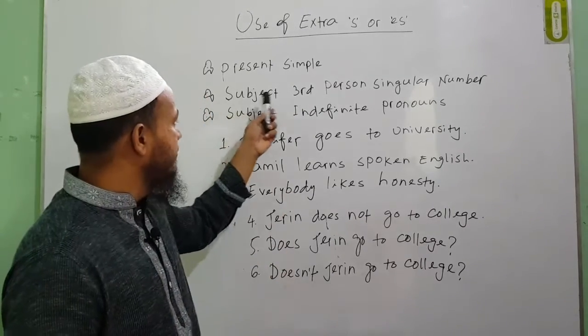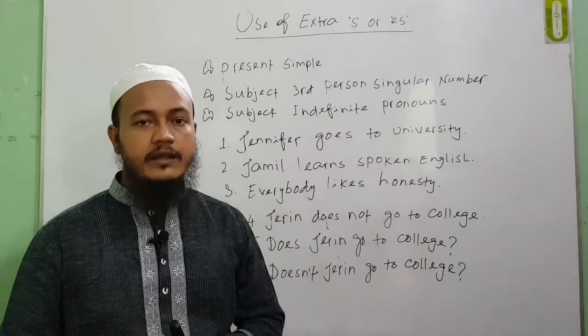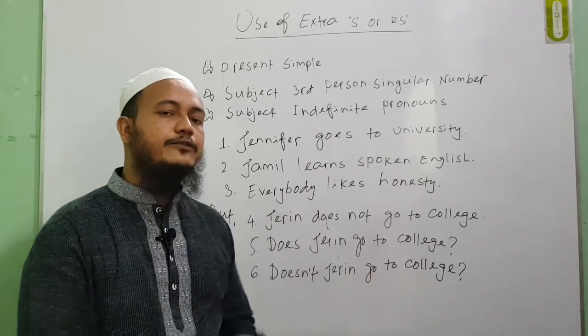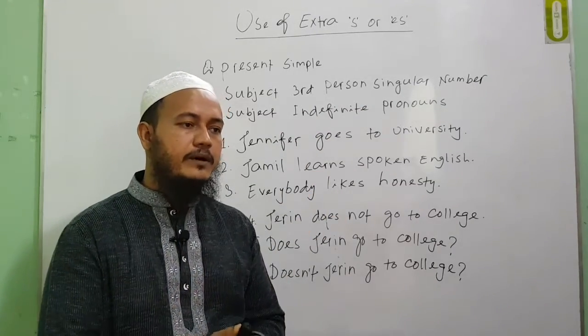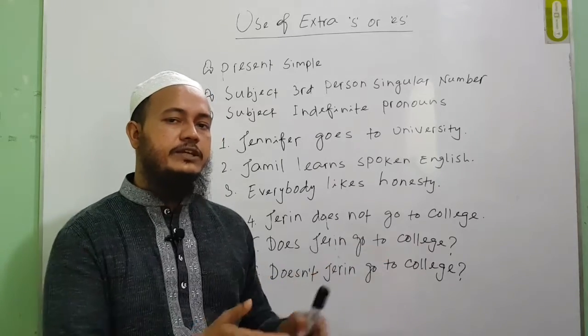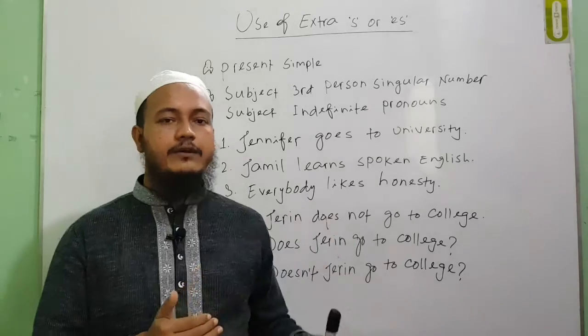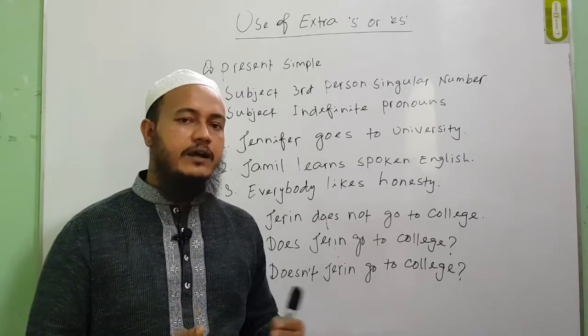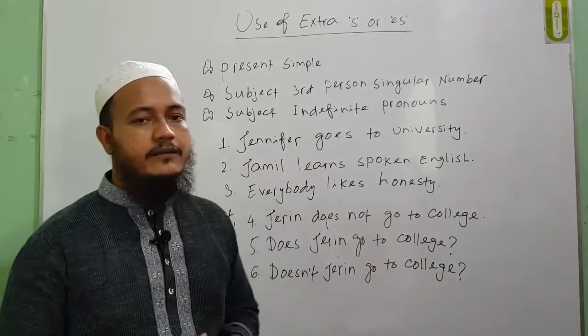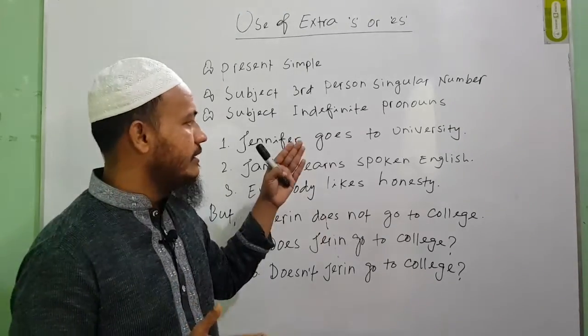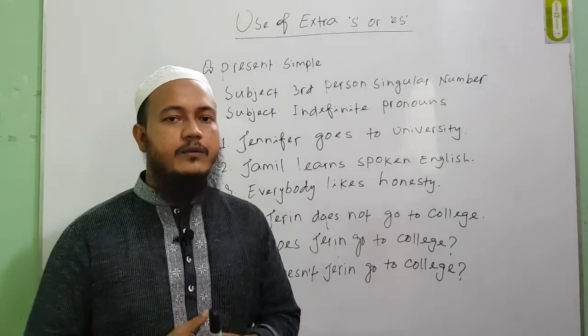If your subject is third person singular number, I mean in present simple tense, like Nasim, he, she, Korim, if you find this kind of subjects or nouns in your sentences, simply you will have to use extra s or es with the main verb.